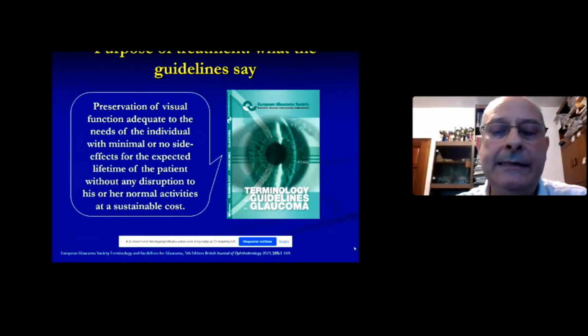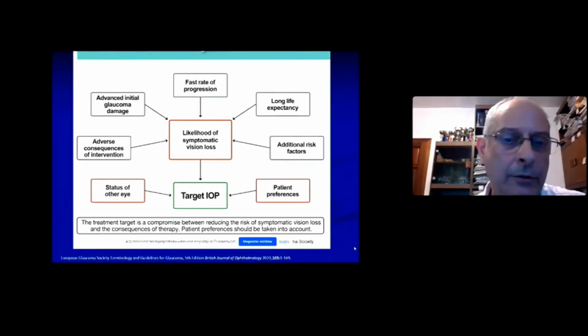I have to tell you that this is not an easy task to fulfill all these criteria, and we always have to make a knowledge-based but individual decision, and this is what I try to support with my talk.